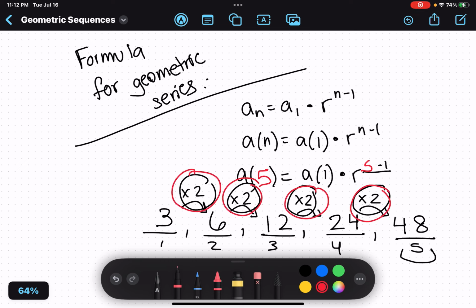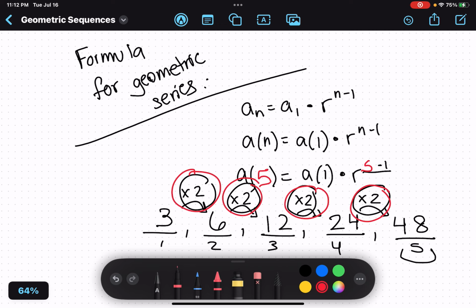We're multiplying 4 times, not 5. So even if it was the millionth term that we're trying to find, we're only multiplying by that rate 999,999 times, not a million. Or even 100, we're multiplying 99 times, not 100.